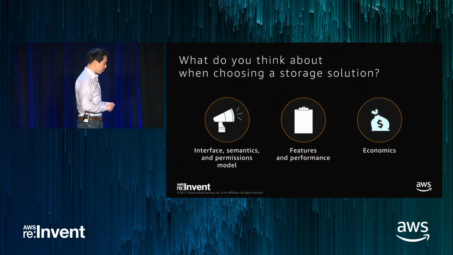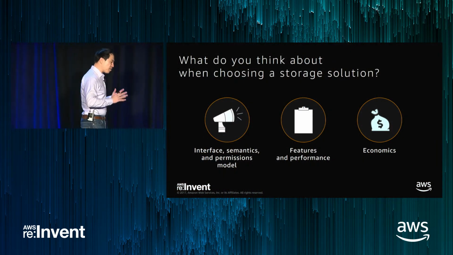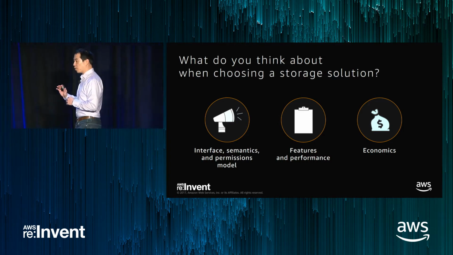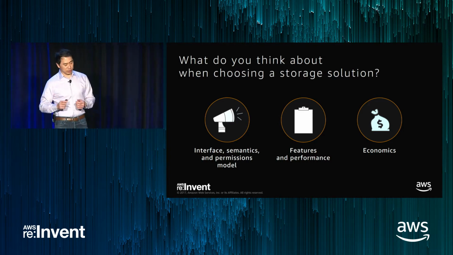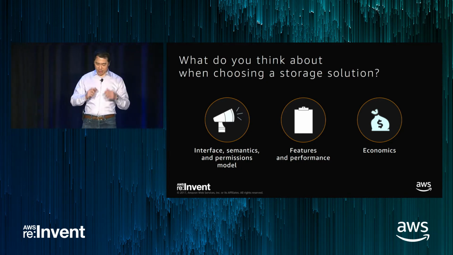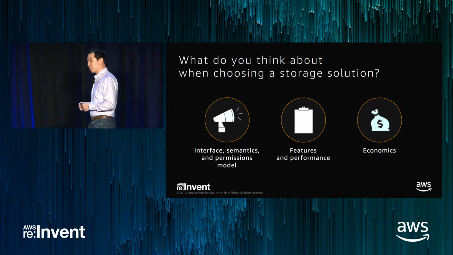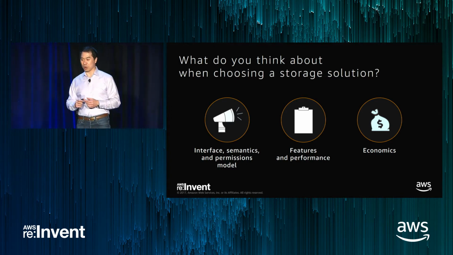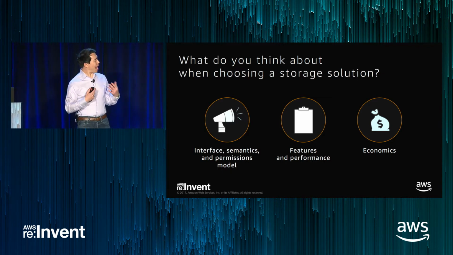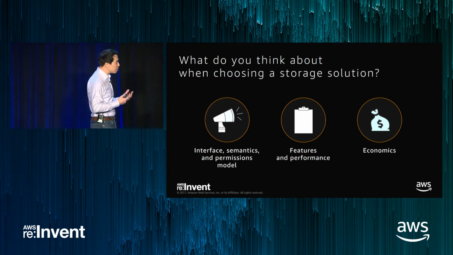So let's get started. In terms of thinking of storage, and this is true both in AWS, but storage in general, we believe there are 3 ways that you should think about how to choose the right storage for any given application or workload. First, you want to think about how do you access that data and that storage? Meaning, what are the interfaces?